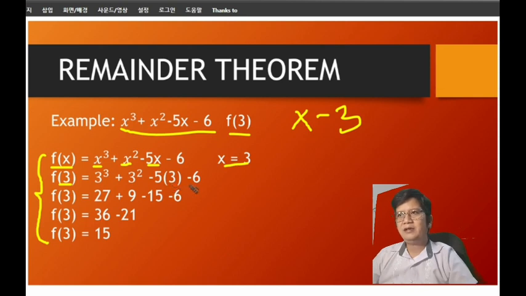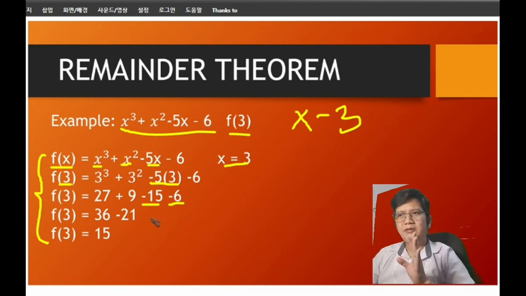And we have here minus 6. So kapag sinimplify natin, 3 cubed or 3 raised to 3 is equivalent to 3 times 3 times 3. So that is 27. And then 3 squared here is equal to 9. And negative 5 times 3 is negative 15. At wag nating kalimutan yung ating constant term na negative 6.